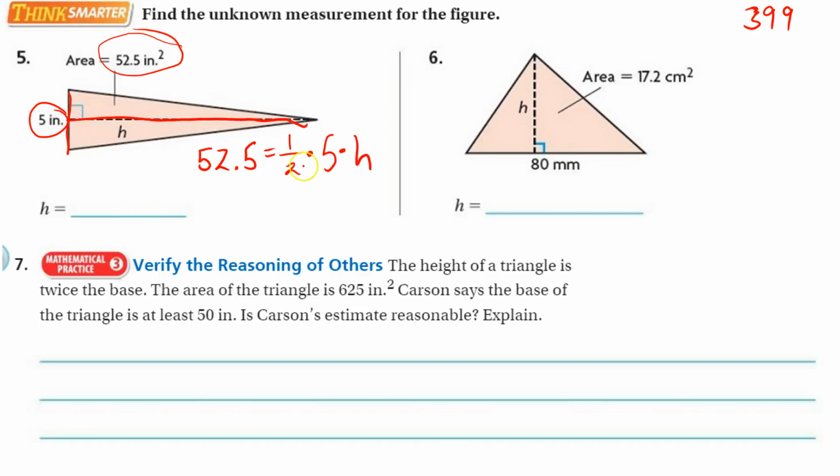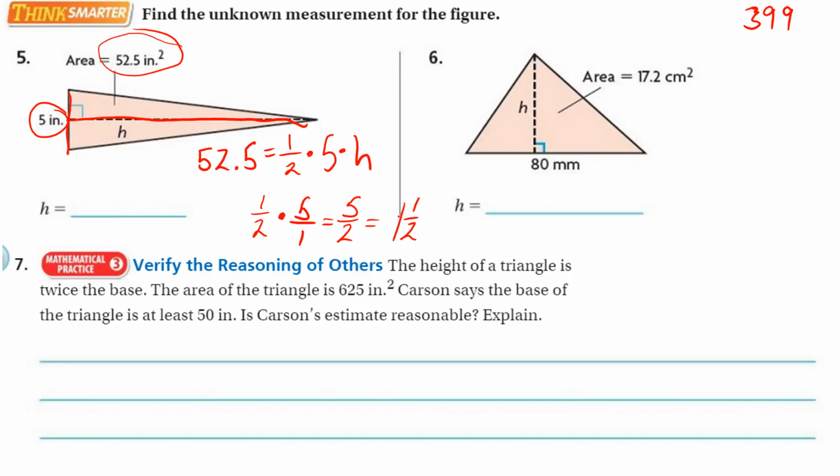Okay, half of 5, and again, let me just show you how to do this. If you don't know what half of 5 is, using mental math, you can multiply it. 1 times 5 is 5, 2 times 1 is 2, 5 halves, and then 2 goes into 5 2 whole times with 1/2 left over.